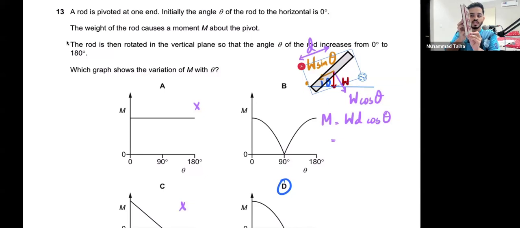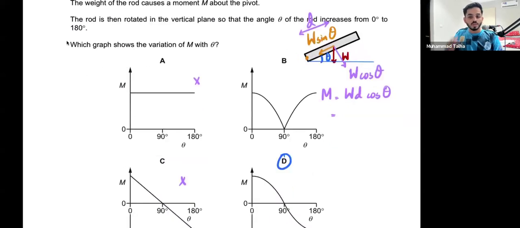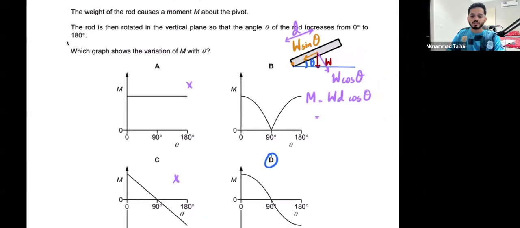When I pass this 90-degree angle and when I increase the angle further, it's going to fall in the opposite direction, right? Now it falls anti-clockwise. So it's a difference in direction, which in vector quantities is indicated by a negative sign, which is why in this case, the answer is not going to be B, it's going to be D. All right, it's going to be negative.